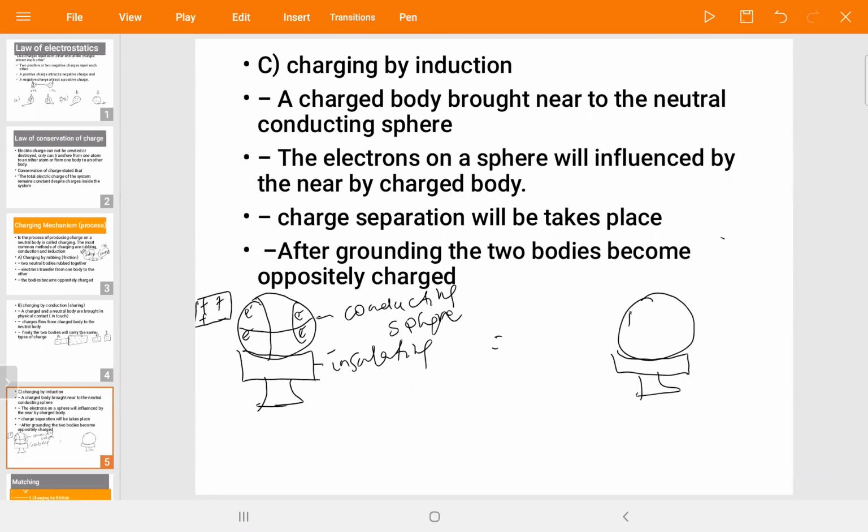Assume there will be a positive charge on the left side and more negative charges on the right side. So the sphere becomes a dipole, slightly positive and slightly negative due to the nearby charge.